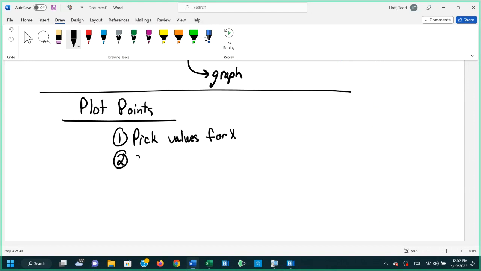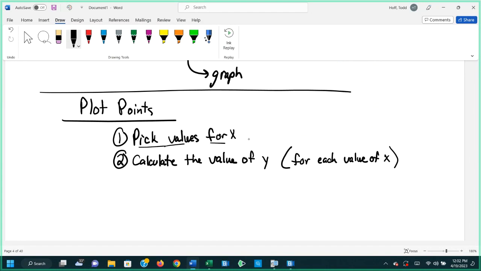And then from that, we calculate the value of y, I should say, for each of the values of x. So for each of those values of x that we pick, there will be a corresponding value of y that we calculate to match it. Then we plot those points.